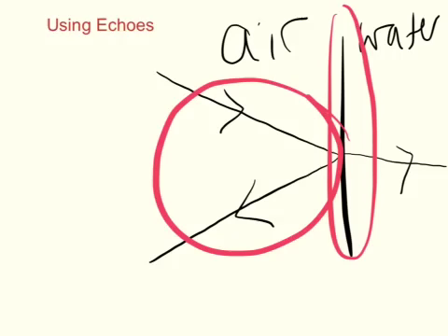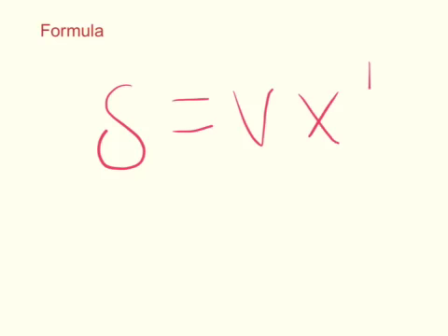Ultrasound echoes can also be used by geologists to estimate the depth of an oil well, or in industry to find out where a fault is in a piece of metal. In all of these cases, we can use the formula distance equals speed times time. Distance, s, is in metres, speed is in metres per second, and time is in seconds.